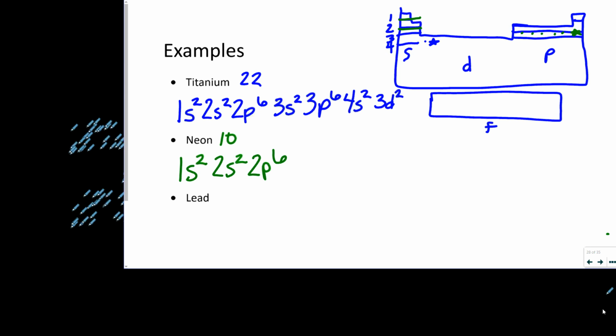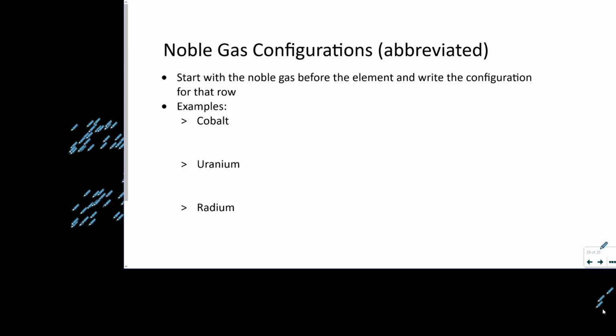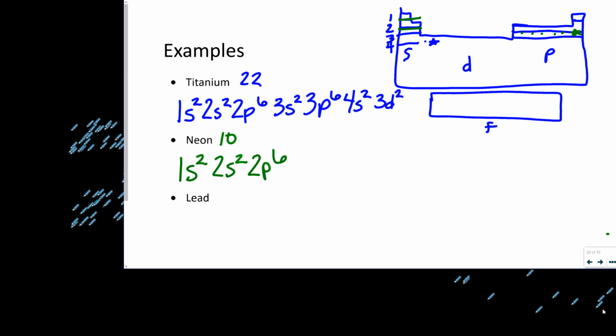I'm going to come back to lead in a minute after we do abbreviated configurations because that one is so long. I want to show you what to do with this. So with our noble gas configurations or abbreviated configurations, because some of them are going to get so long. So like if we do lead, and I'll show you the long way and the short way with lead.